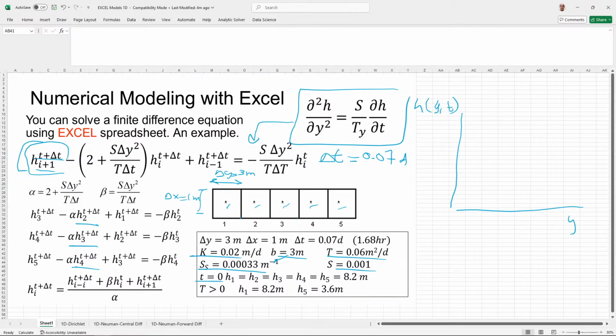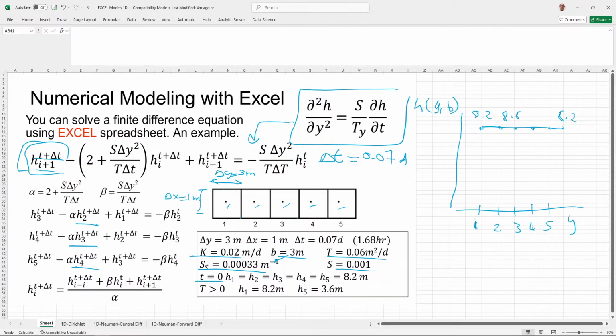So let's assume, for example, this is i equal to 1, 2, 3, 4, 5 at different nodes here. So initially, the head here was constant, at nodes 1, 2, 3, 4, 5.